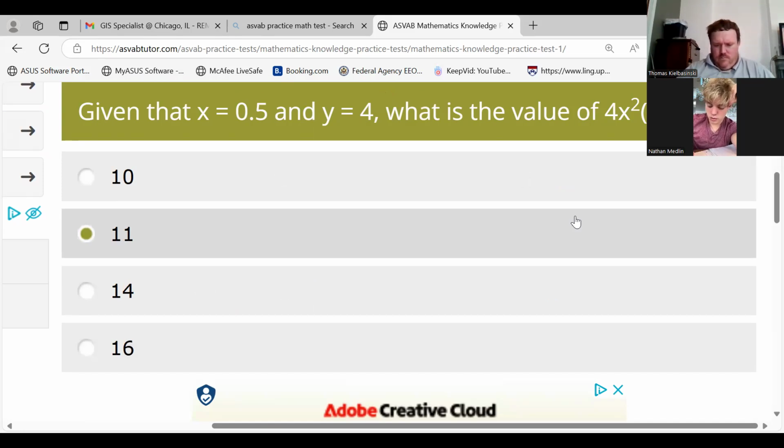Given that X equals... Y equals 4. What is the value of...? Gosh.